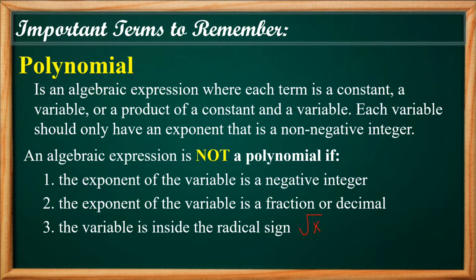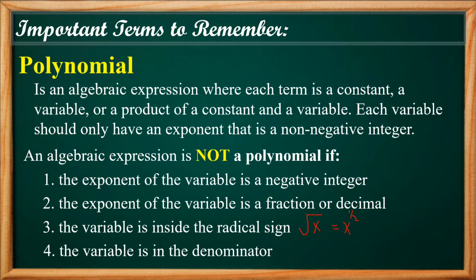Hindi na siya pwede kasi ang square root of x is equivalent to x raised to the power of 1/2. Ang ibig sabihin niyan, ang exponent is fraction, or pwede rin decimal which is 0.5. Hindi pwede na nasa loob ng radical sign ang variable. That is the third condition.